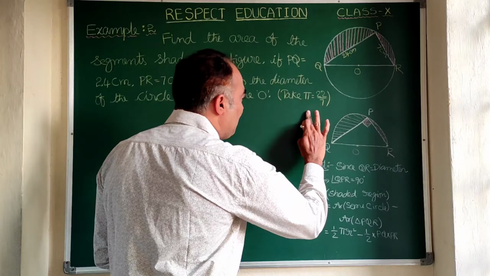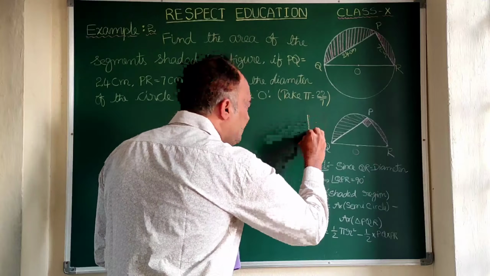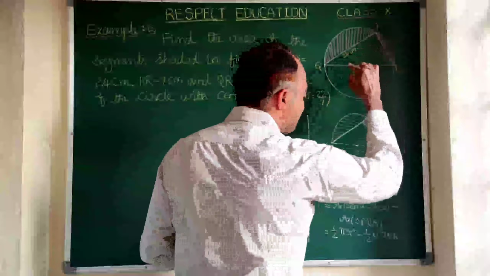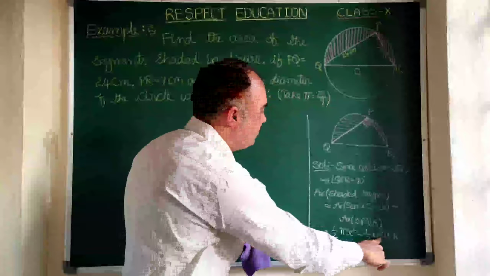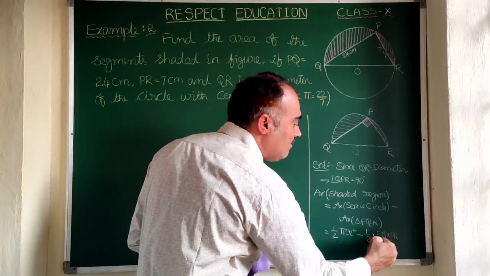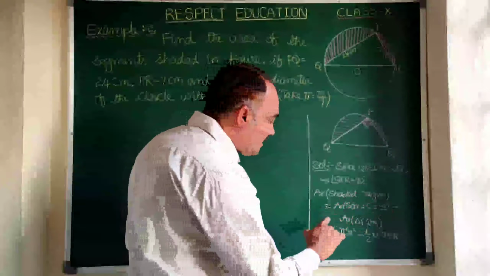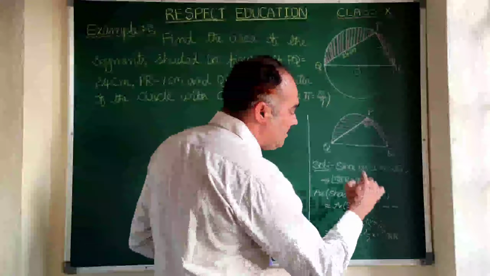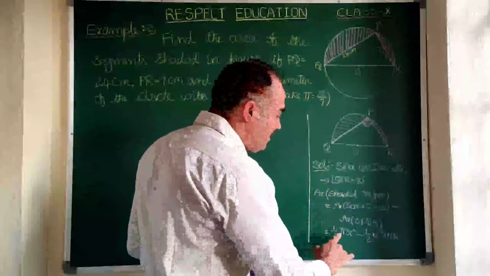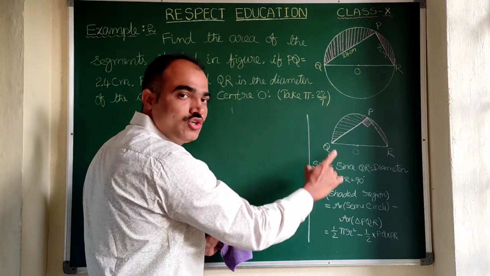Here let us compare what the given values are. If you observe carefully, PQ is given as 24 and PR is 7, so we are able to find the area of the triangle very easily. Now let us come back to the area of the semicircle. Its formula is 1/2, which is constant, and pi can be taken as 22/7.